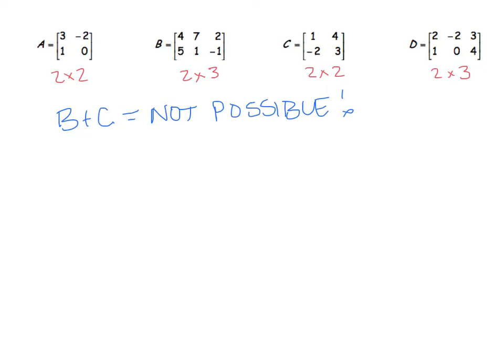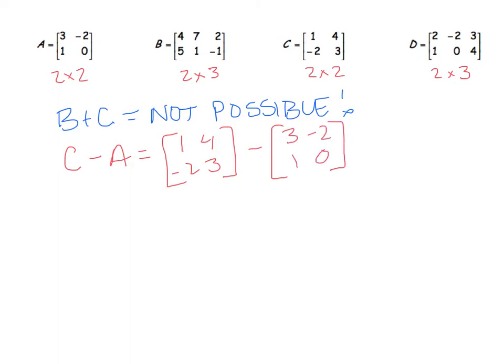Now, let's say we wanted to do C minus A. That one's definitely possible. What we're going to do is take the matrix C, 1, 4, negative 2, 3, and subtract the matrix A, 3, negative 2, 1, 0. And again, that order matters for subtraction. So now we just look at the corresponding parts.